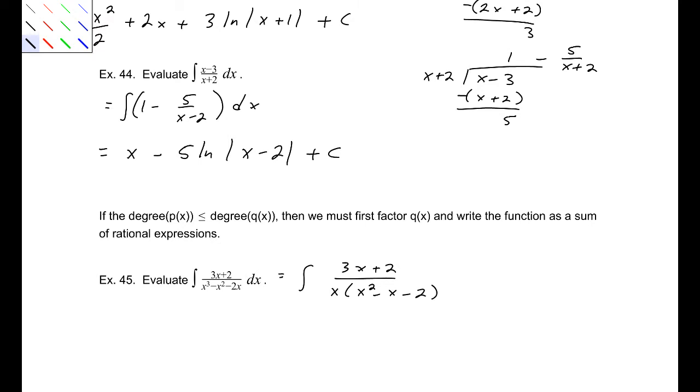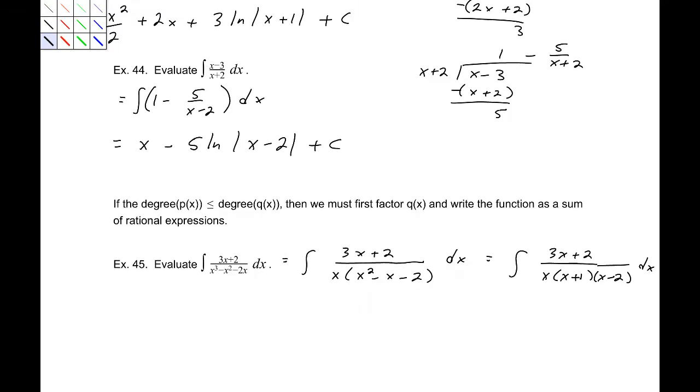And that factors as well. So dx is the integral of 3x plus 2 over x, and that will be x plus 1 and x minus 2. Now let's just verify that. Yep, that works.